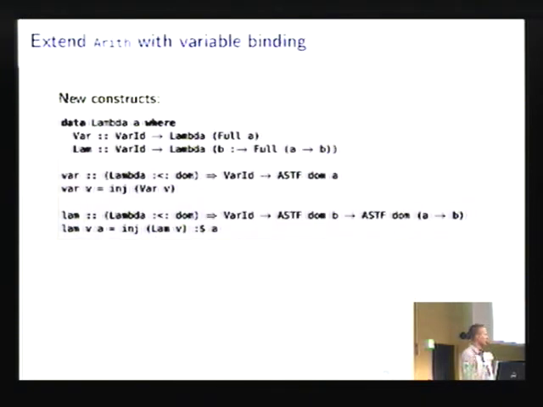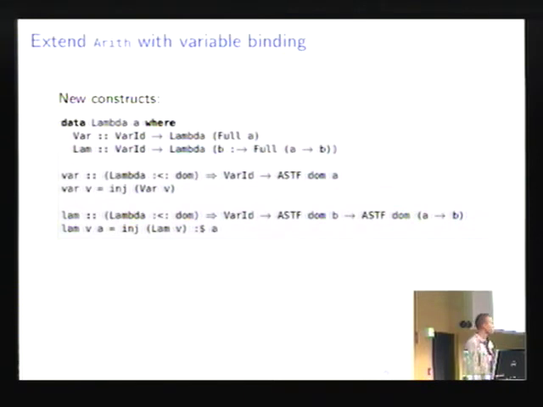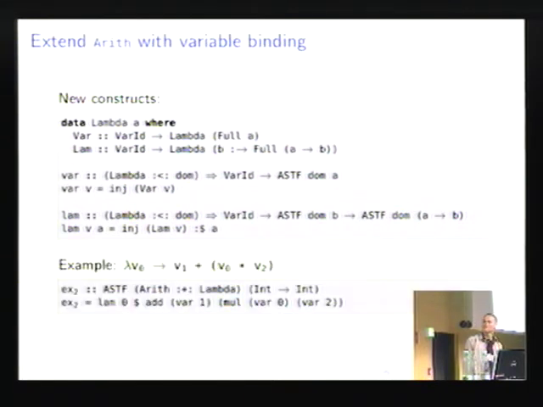So let's try to extend the Arith language with variable binding. For that, we introduce a new symbol type with a variable symbol and a binding symbol. And we make smart constructors using inj as before. And now we have everything we need to write an example like this one.